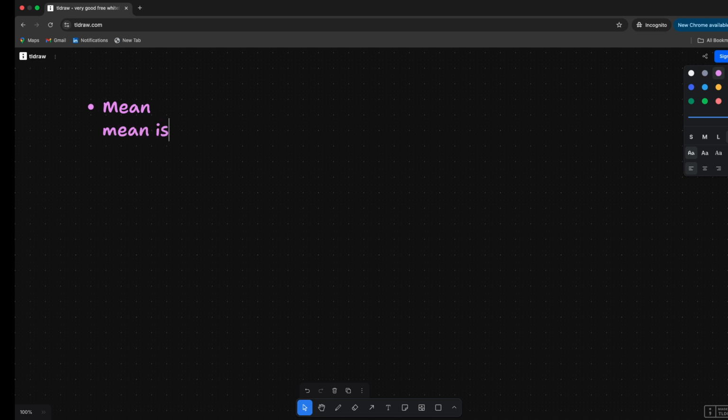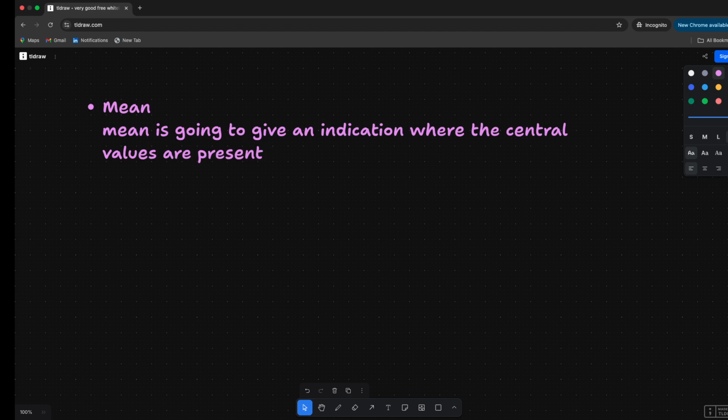Mean is going to give an indication of where the central values are present. For example, if you have a set with three, and we calculate the mean, it will be 3 plus the other values, and the total number of observations is 4.